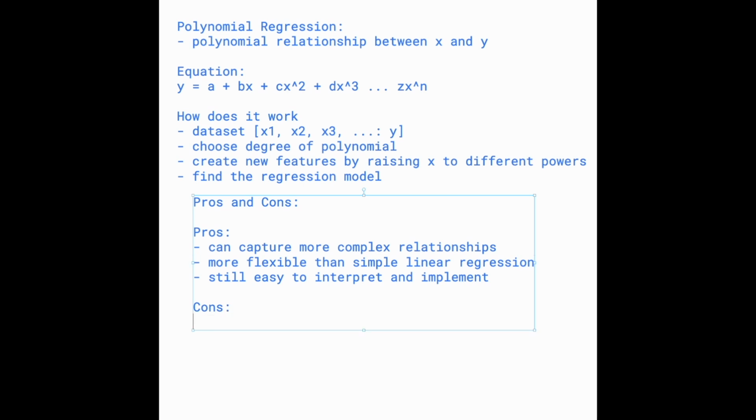And of course, there are going to be cons. Like linear regression, polynomial regression is actually even more prone to overfitting the data. Basically what overfitting means is that you're micro adjusting the model to every single change in the data.